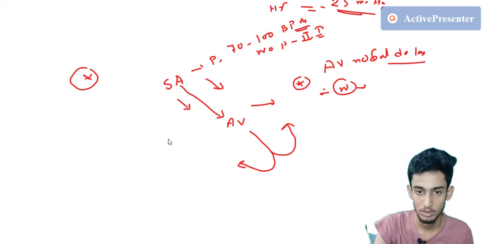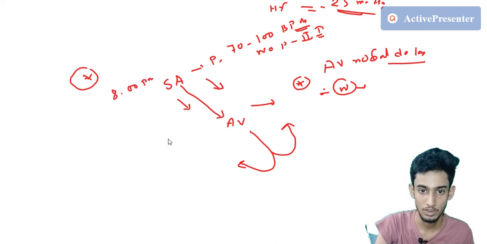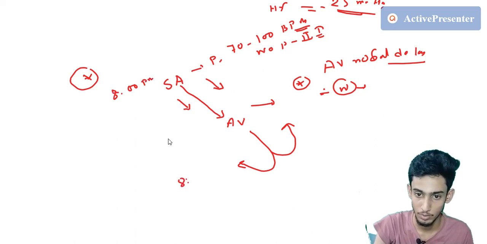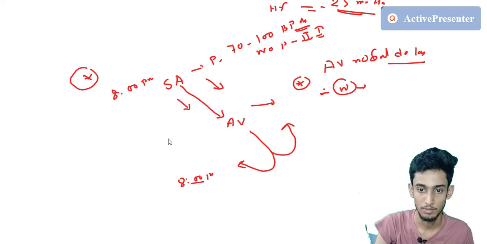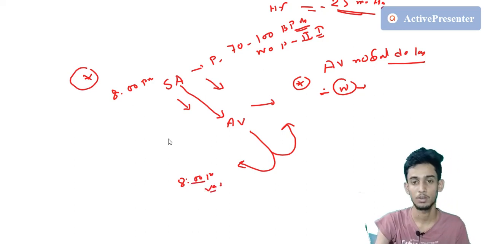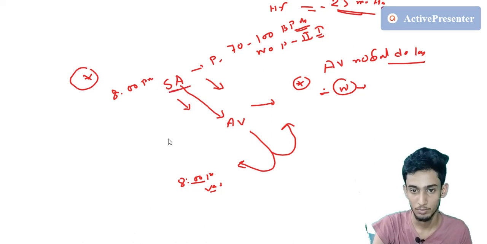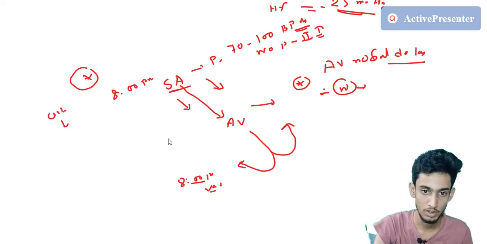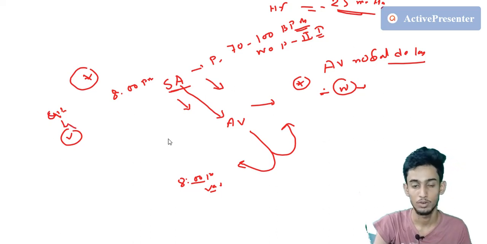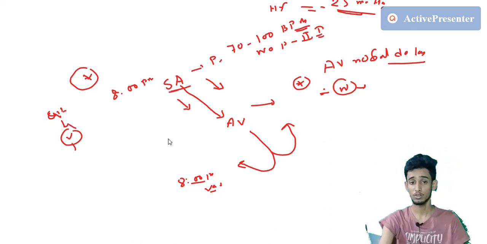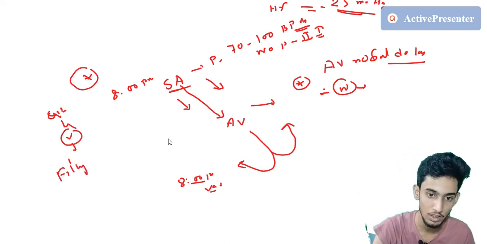So let's say the impulse is generated at 8 pm in the SA node, and at the same time, 8 pm, the impulse reaches the ventricle. What happens is the blood from the atrium to the ventricle will not fill properly, so there is a filling defect.